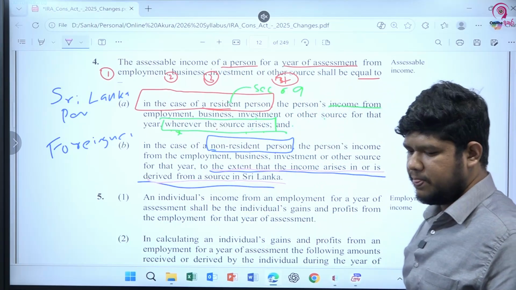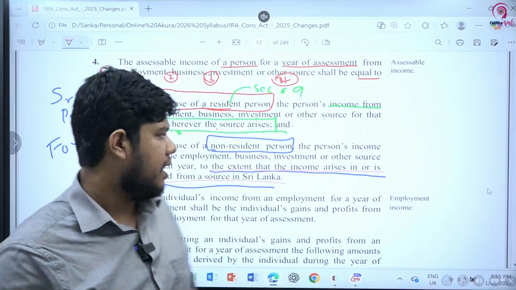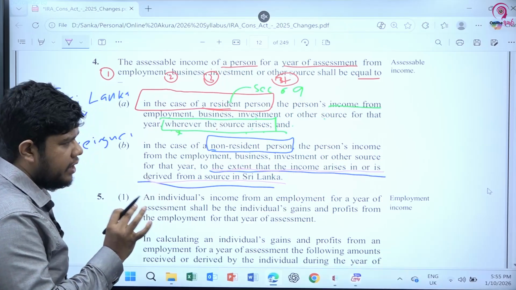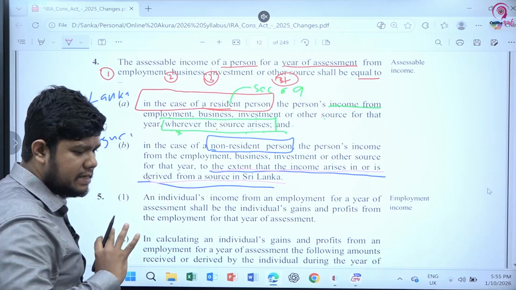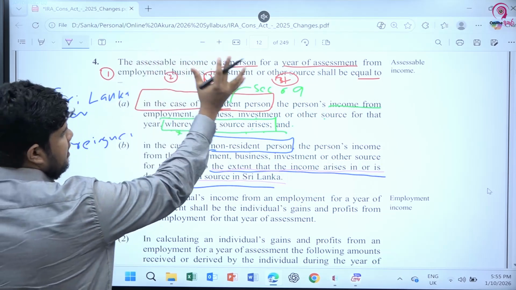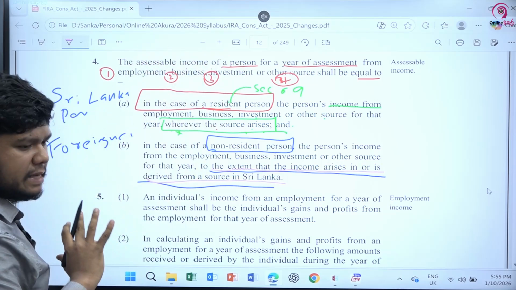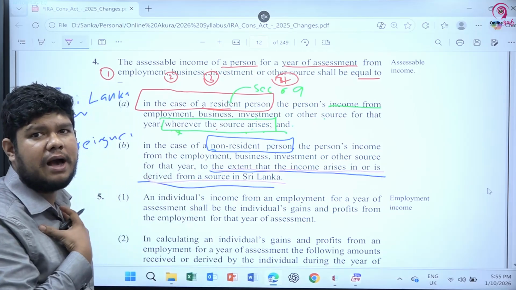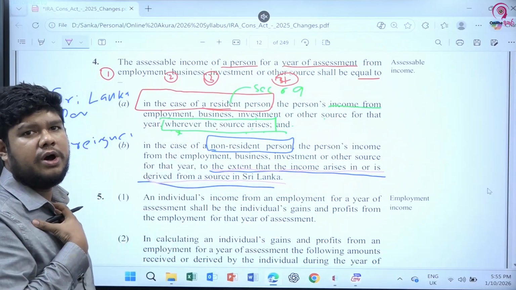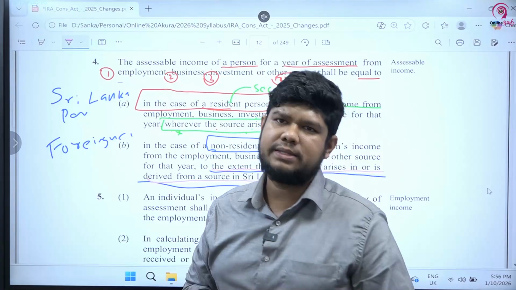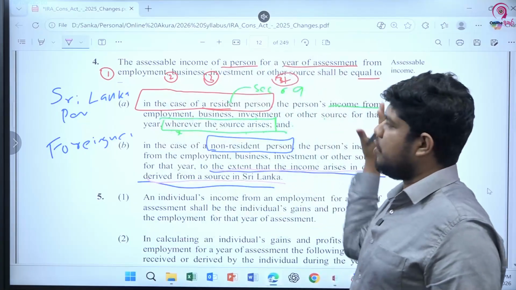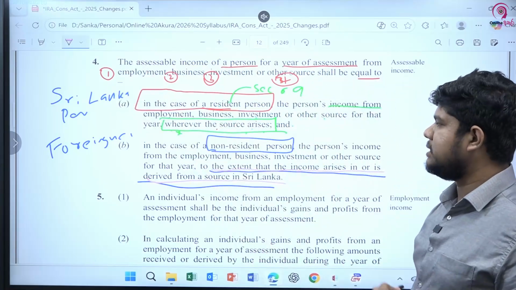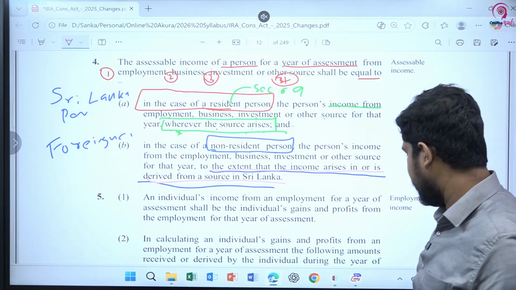There are different interpretations, but for the moment understand, if you are a foreigner, a non-resident person, the assessable income includes income from sources only in Sri Lanka, income earned from Sri Lanka only, not income from any other place. This section discusses the location of each person's income that would be liable for tax.